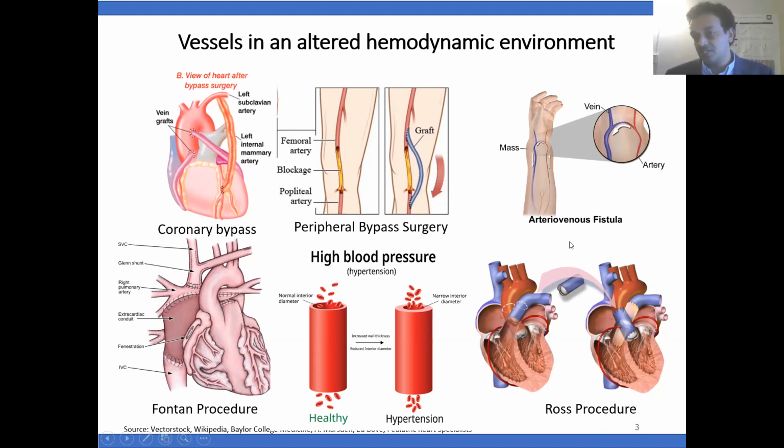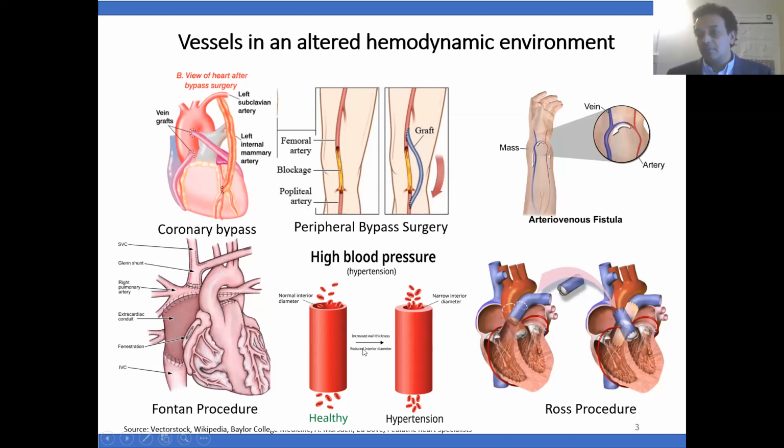Arteriovenous fistulas, which are used in dialysis to access the blood and connect a patient to the dialysis machine, again subject the vein to an arterial environment. The Fontan procedure, a surgery to correct single ventricle patients with just half a heart, rewires the circulation so that the patient can still stay alive and have a functioning circulatory system.